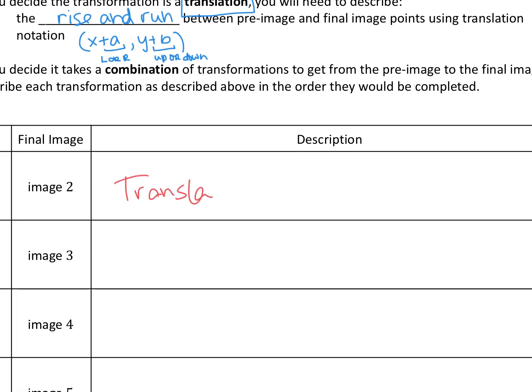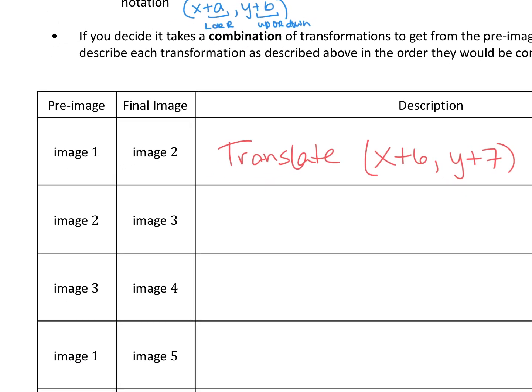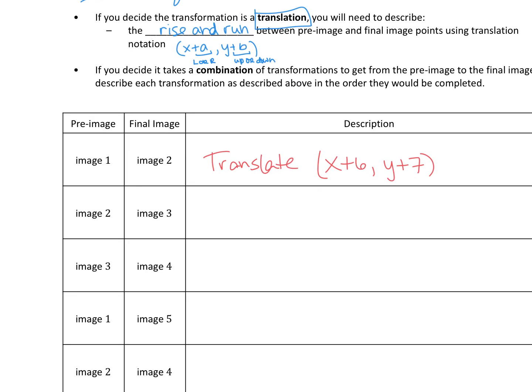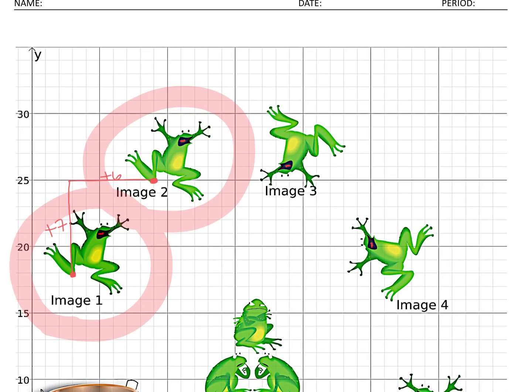And then I'm going to use the translation notation to say how much. So in the x direction, it was right 6, so I write x plus 6. And y direction, it was up 7, so y plus 7. Okay. Now the next one is image 2 to image 3. Okay, so let's go to the graph and go from image 2 to image 3.